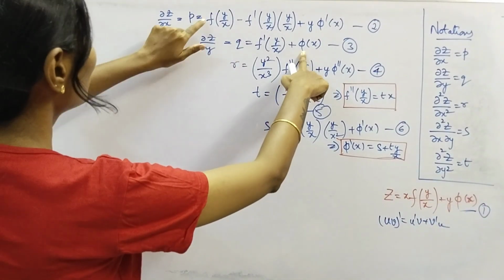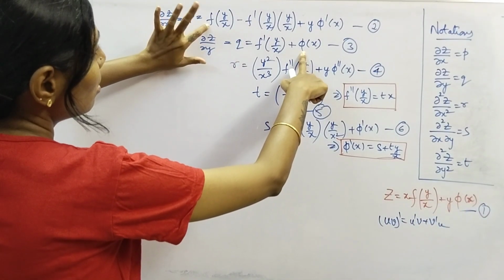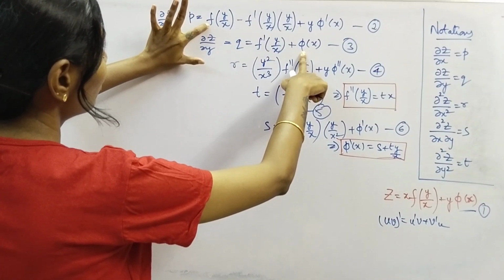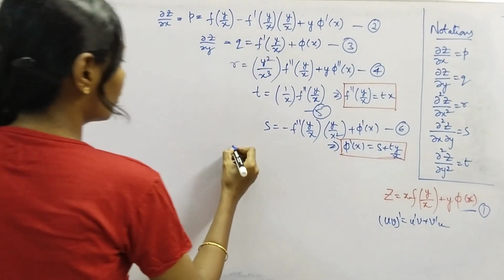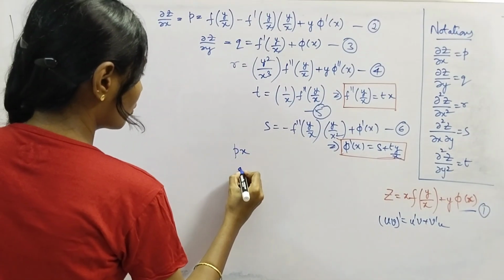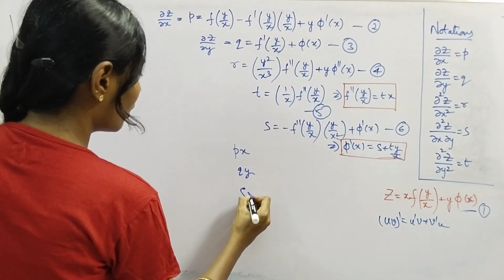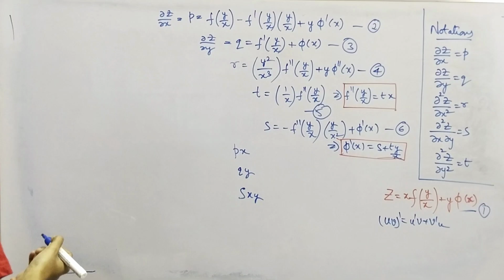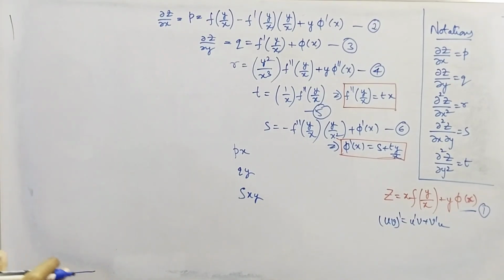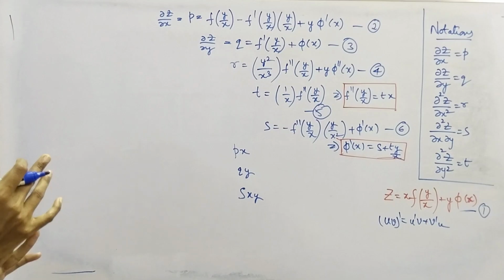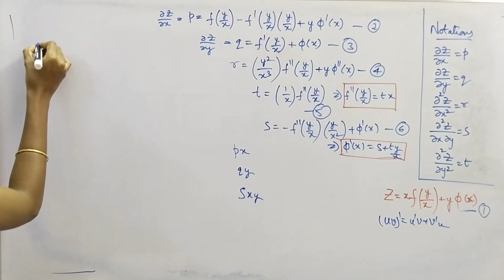Here you have phi, here you're having f. And yeah, whenever we get stuck, we can check px, qy, s, x, y. It's not necessary to check everything. It depends upon the problem. Okay, let's try px.